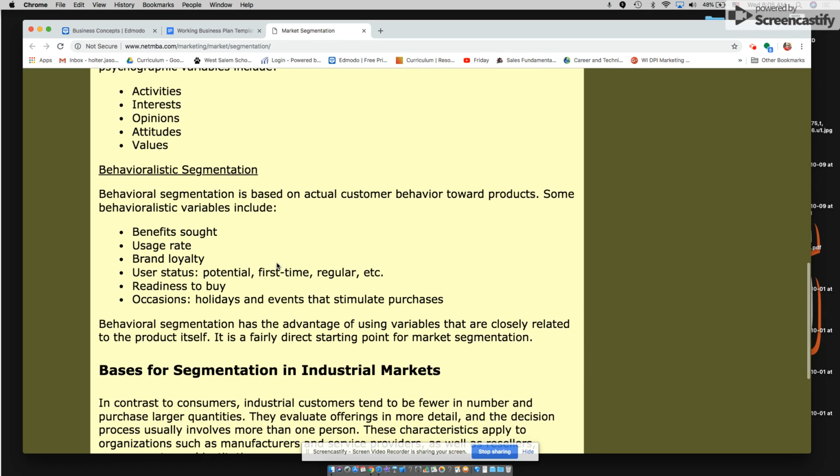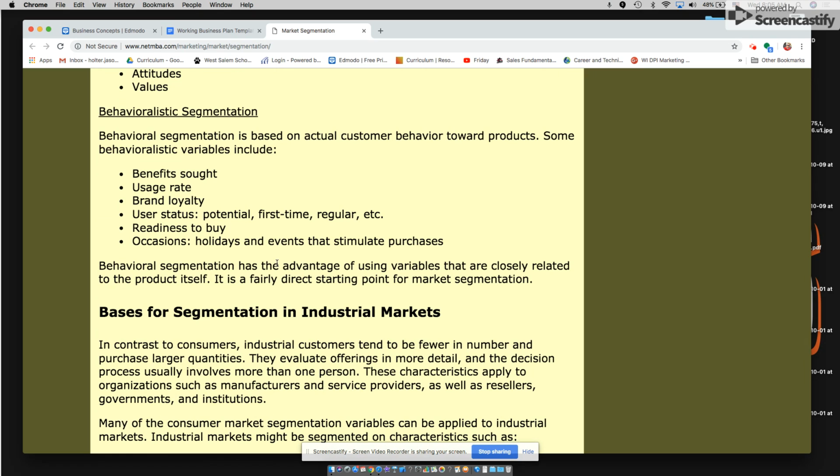So the last part then is just the behavioral side of things. This is the benefits that they seek for this. Are they brand loyal? Are they the same type of people that go to the same place every week, or do they try different things? How ready are they to buy? What's their user status? How many people are you going to come in to your fishing place? I know you're not doing that, but it's an easy example.